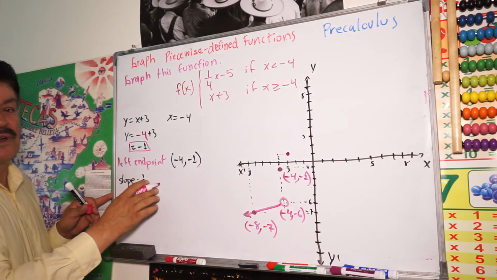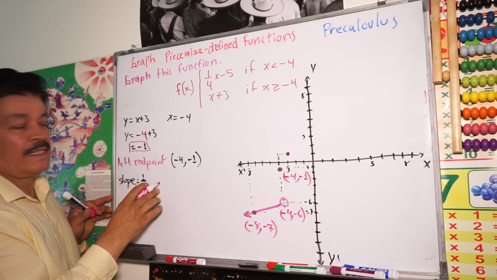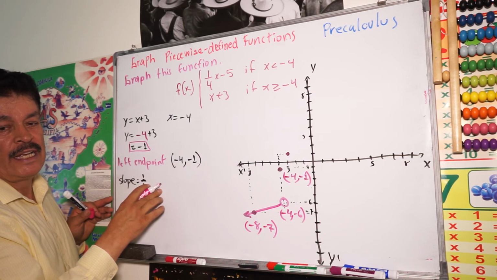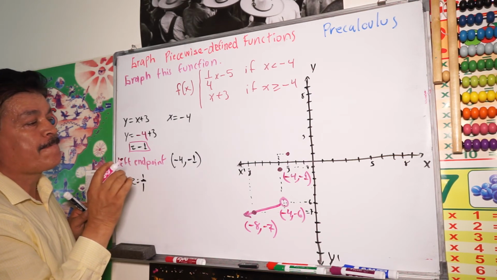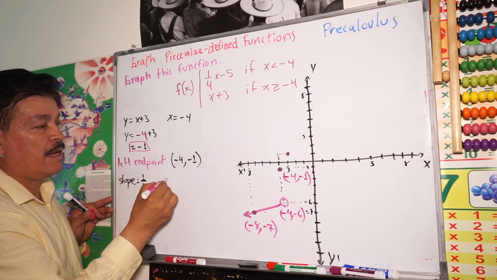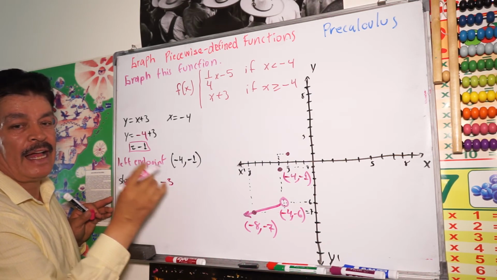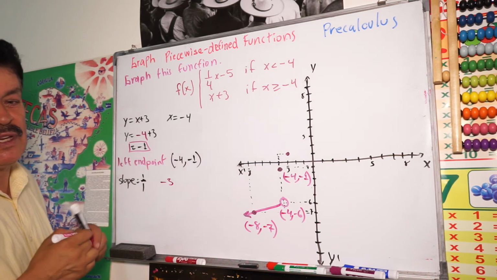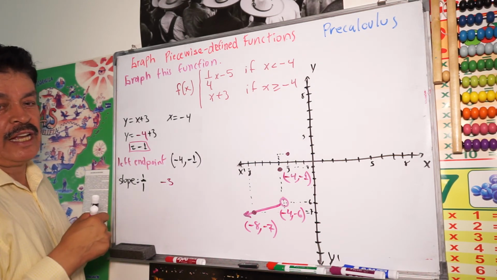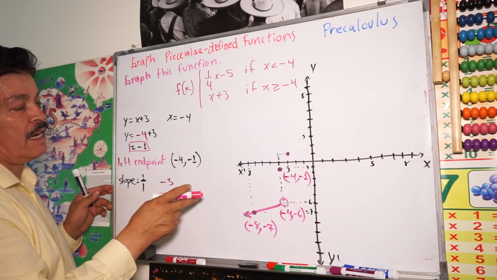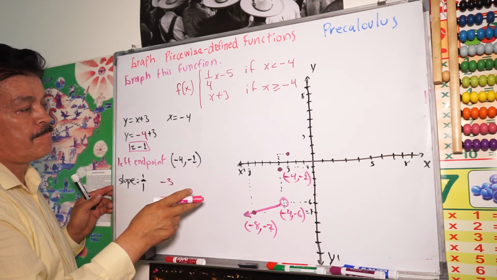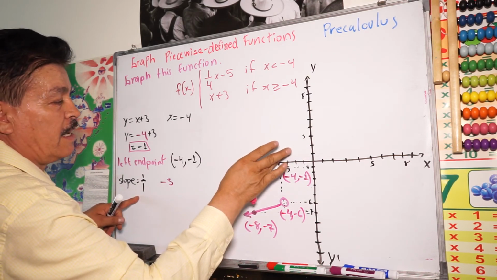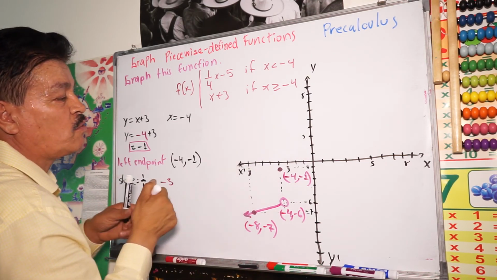So the second point is... oh no, I made a mistake. You have to move 1 up.